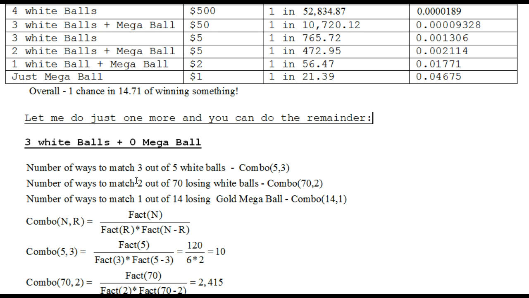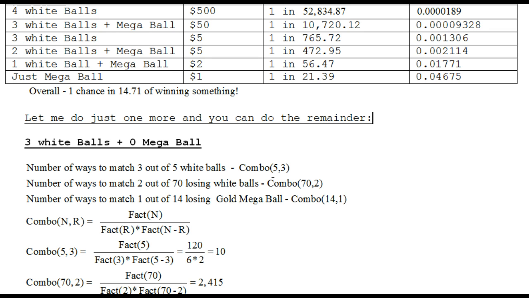So the number of ways to match 3 out of 5 white balls is combo 5-3. The number of ways to match 2 out of the 70 losing white balls is combo 70-2. And you'll notice we were supposed to pick 5 white balls, but we got 3 correct. Okay, so when the lottery deadline rolls around, we see we got 3 correct, but we missed 2.